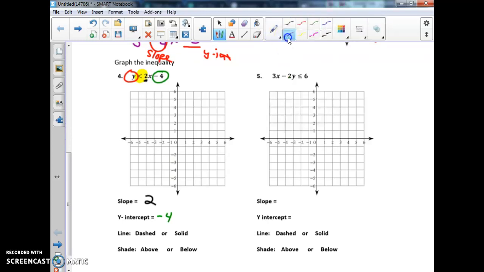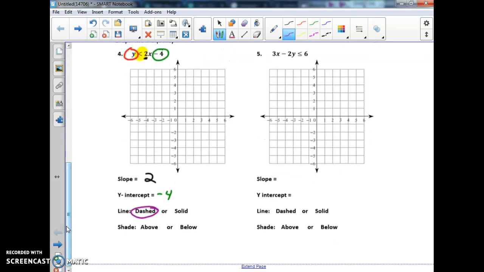Because this one does not have an equal sign, it's just a less than sign, it's going to be a dashed line. And because it's a less than sign, that means the smaller one's on the left, I'm going to shade below the line. Okay? So now I can go ahead and put my line on here.